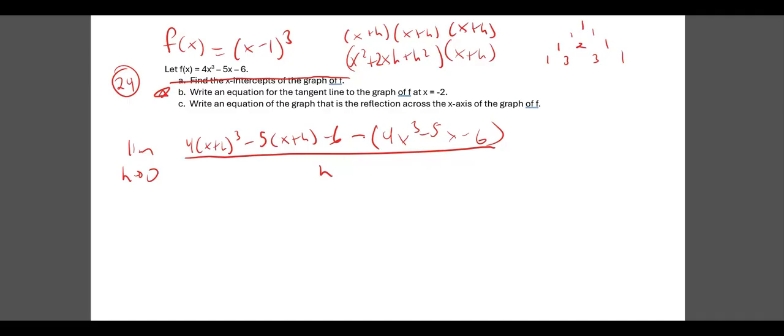And you'll use these coefficients right here. Anyway, I'm just gonna do it out for you.